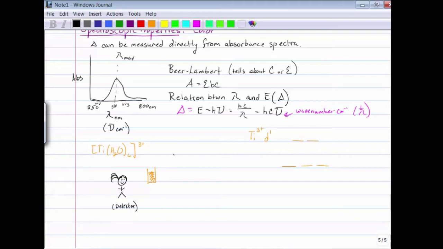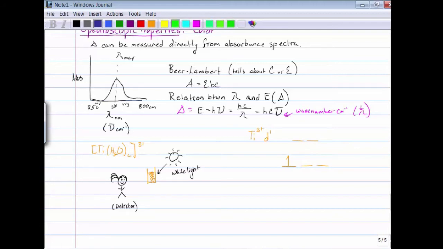If you have white light coming from something like the sun and going into this solution, the molecules in the solution are going to absorb some of this light, and it's going to promote an electron from the lowest energy ground state up into the next orbital, or from the HOMO to the LUMO.